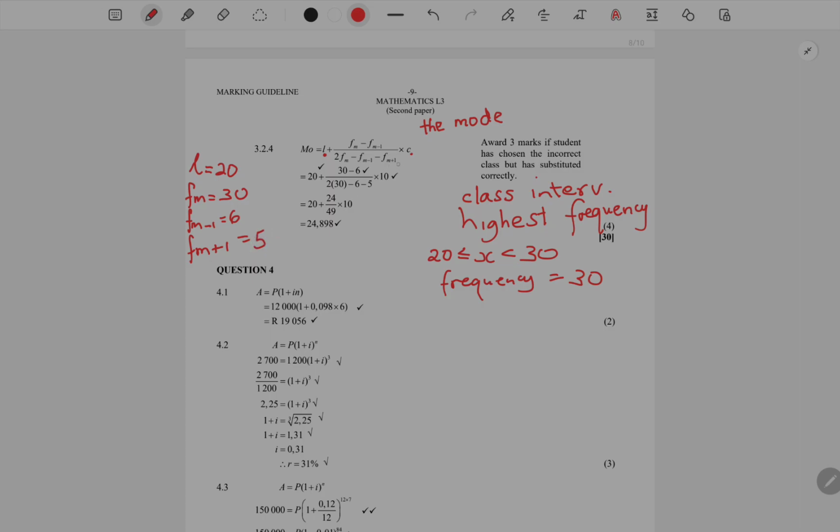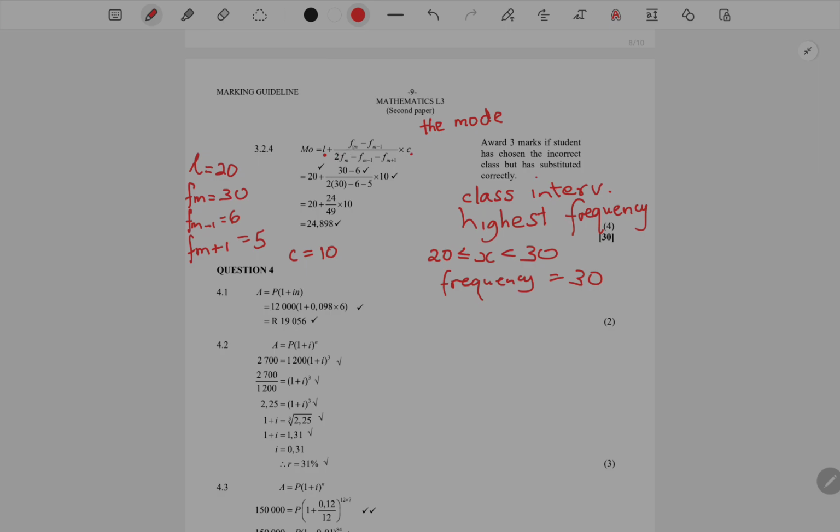Then what is it that we don't have? We've got everything. C is the class interval width, which is equal to 10. Then you substitute everything here. L is equal to 20. Fm is 30. Fm minus 1 is 6.